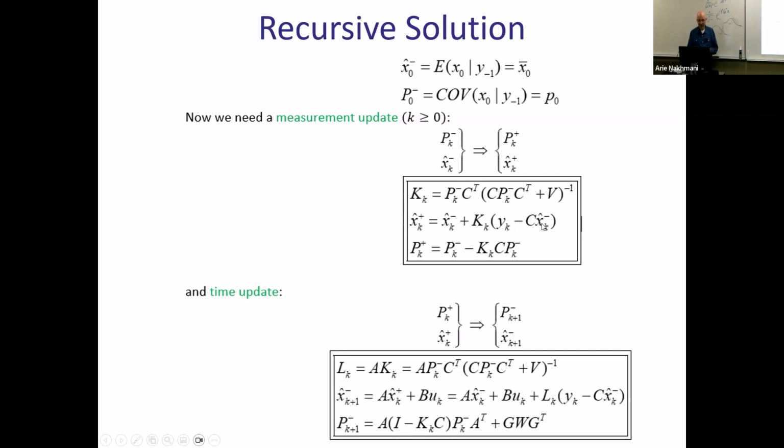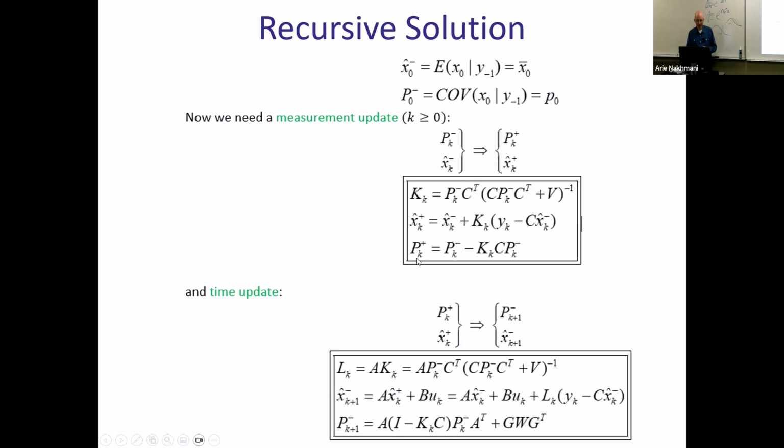So all of these variables are given from the previous loop. Same with P K plus, the new updated covariance matrix after the measurement, which is PK minus, taken from here, minus KK, which you computed here. C is given, PK minus is the same as here. So all of this is given, and you can compute these three values.